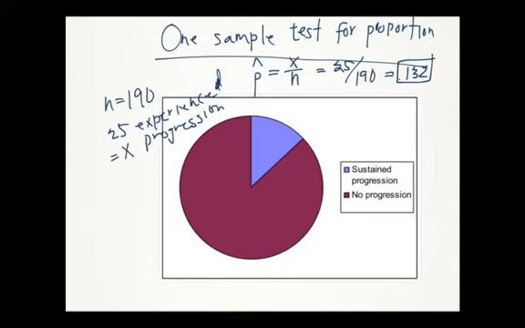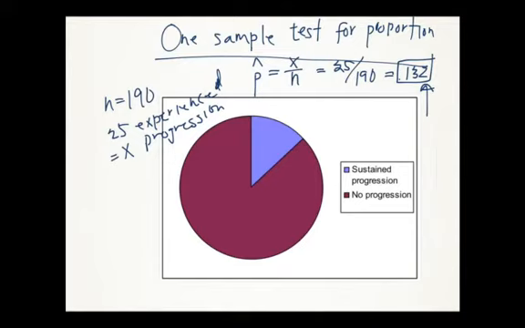Our question again is, is this significantly different from 0.2? Our sample proportion is 0.132. We want to know if that's significantly different from 0.2. And so we're going to proceed with a one sample test for proportion. What do we need to proceed with most statistical tests?